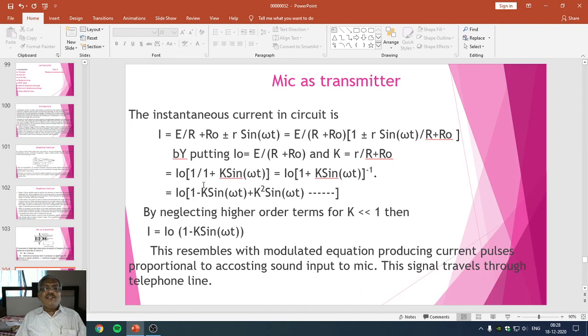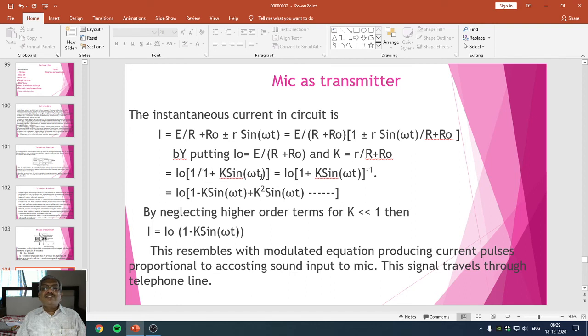Which can be written as I0 upon 1 plus K sine of omega t. By taking the term 1 plus K sine of omega t from the denominator, we get I0 into bracket 1 plus K sine of omega t bracket raised to minus 1.